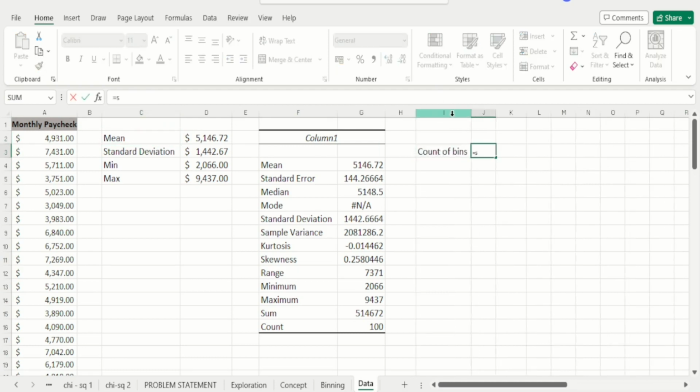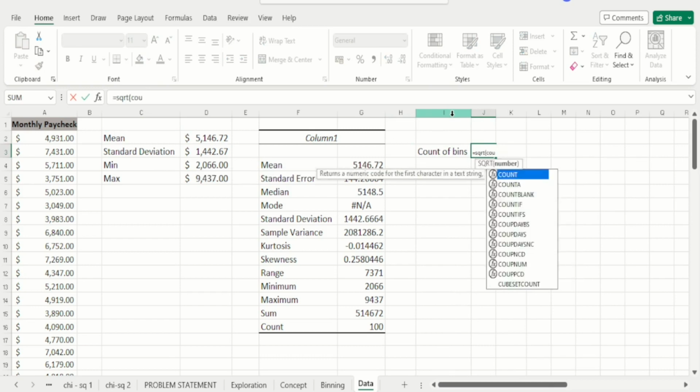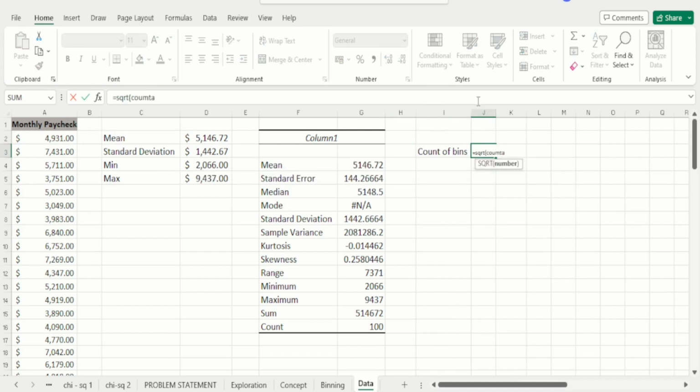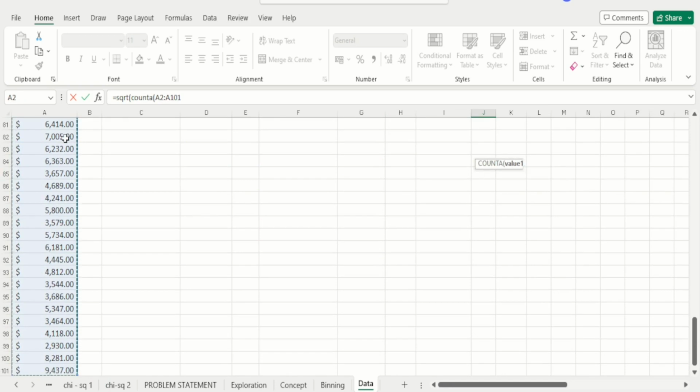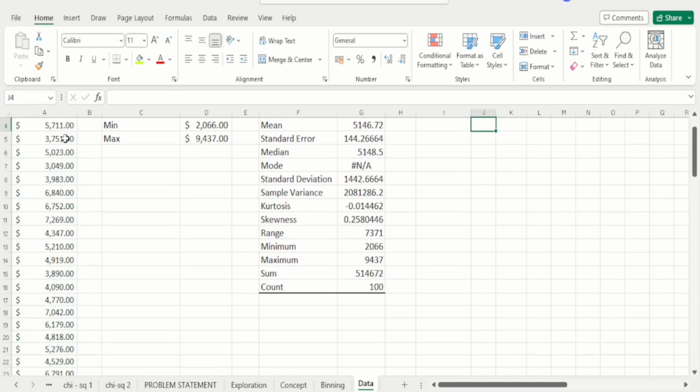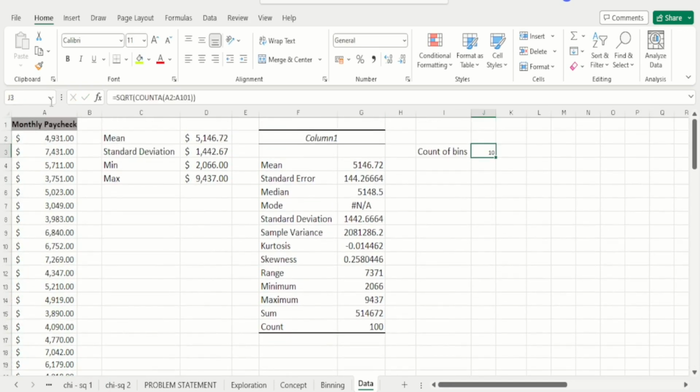So let's use square root and a count formula for the number of data points. There we are. The count of bins is 10, which is something that we come to expect anyway, because our total number of data points was 100. So the square root of 100 is 10. So that's our count of bins.